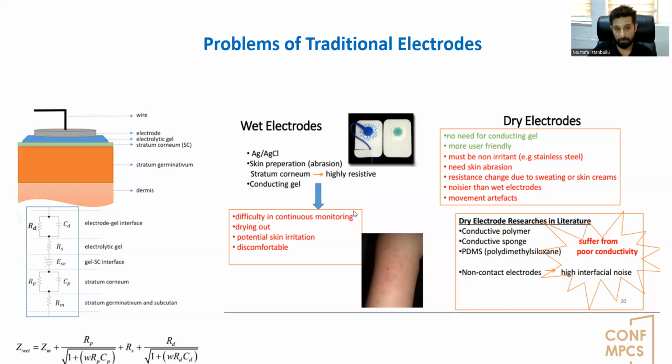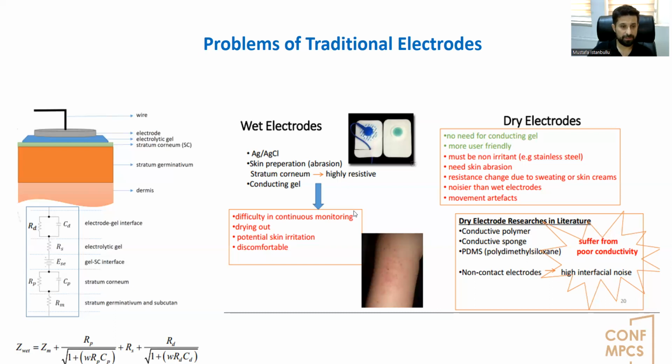Furthermore, in multiple electrode measurements, it's a time-consuming process to prepare the surface for each electrode. On the other hand, measurements taken from non-abraded surface suffer from high electrode skin impedance and motion artifacts, high power line interference, and some noise.